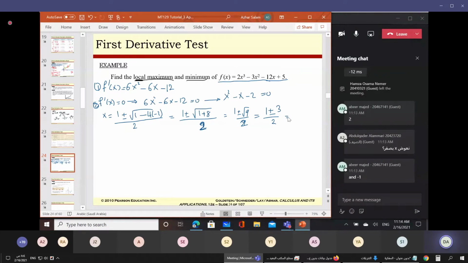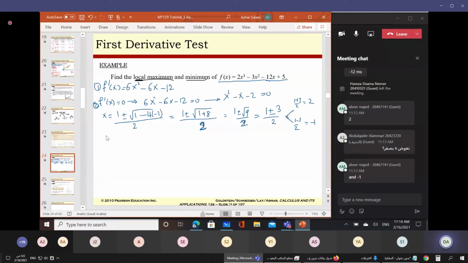So here I will have two points, which are 1 plus 3 over 2 and 1 minus 3 over 2. So it will be 4 over 2, which is 2, and minus 2 over 2, which is minus 1. These are two points, right?